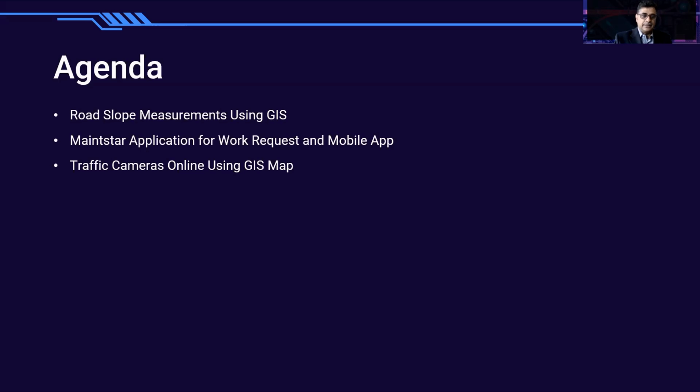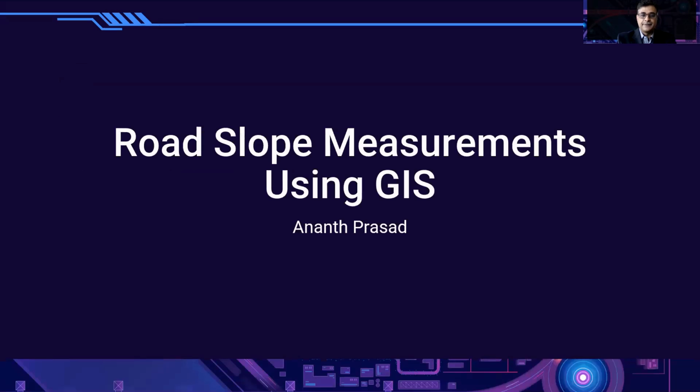Finally, I'll end with how we're also using GIS to host our traffic cameras online. This is currently available for the public to use. We put this project online for various reasons. One of them is for the public to see, but I'll also talk about how it was helpful during COVID. With that, let's get started.